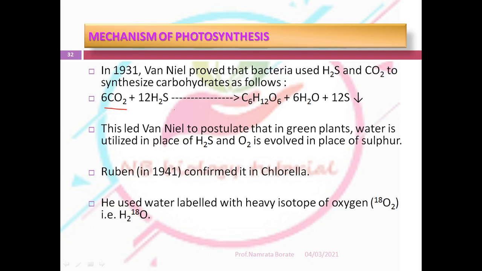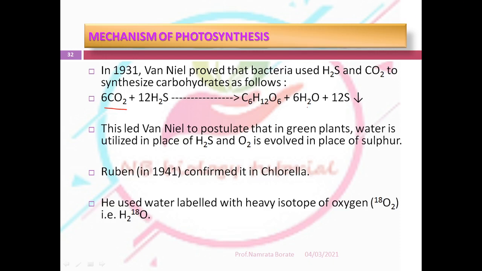For a long time it was assumed that oxygen produced during photosynthesis came from the carbon dioxide, and the carbon combined with water to make the sugar.